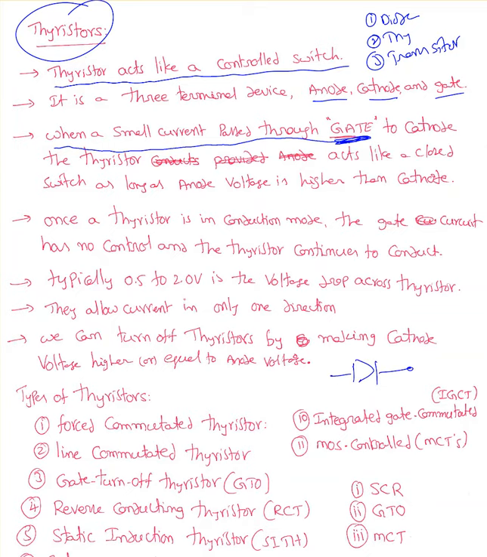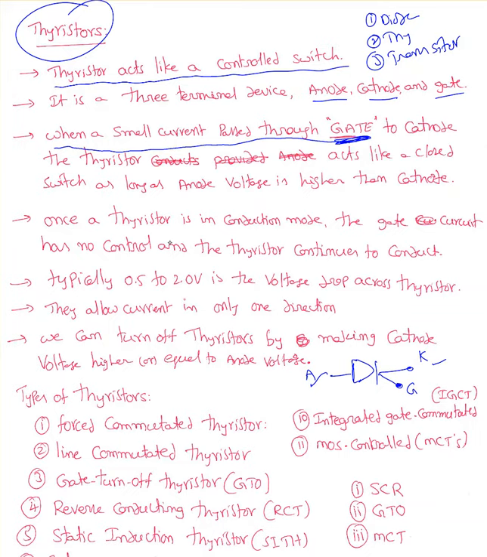I'm going to represent this SCR with anode, cathode, and gate. If I don't give any gate voltage, there is no current passing from anode to cathode. Whenever I supply gate current, it will act like a closed switch as long as the anode voltage is higher than the cathode voltage. When I supply a small amount of current, that's called triggering. When I trigger the gate current, it acts like a closed switch.